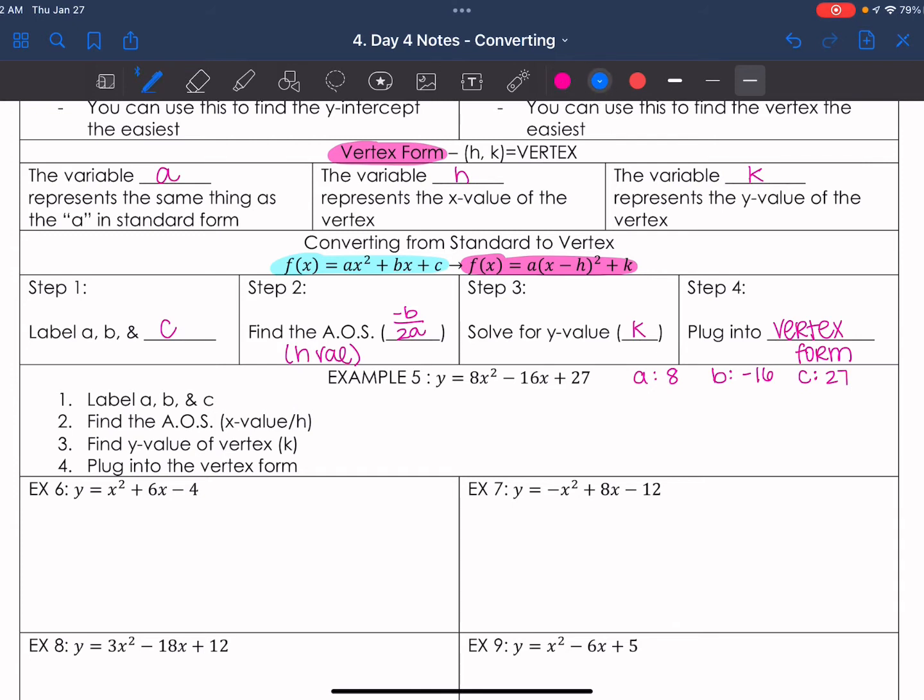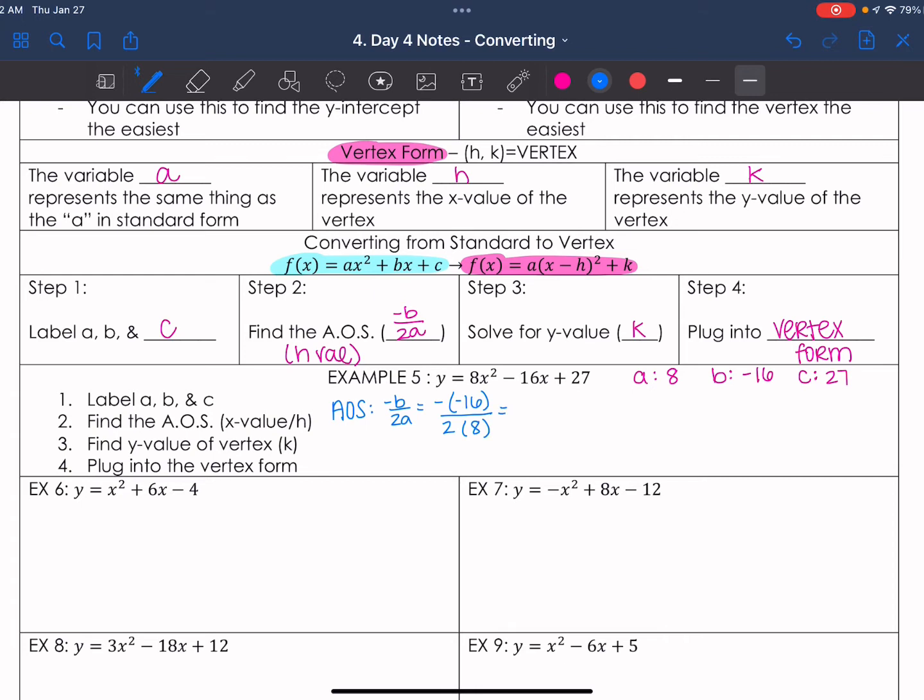Step 2, we're going to find the AOS, which is negative b over 2a. And we'll simply plug in the numbers that I found from my standard form equation. So we have negative b, and our b value is also negative, so I'm going to put it in parentheses, over 2 times my a value, which is 8.